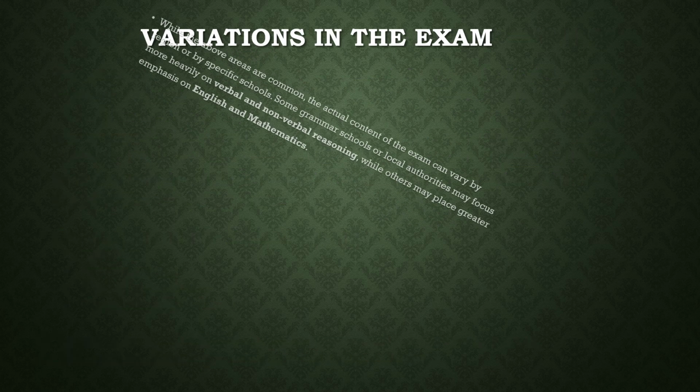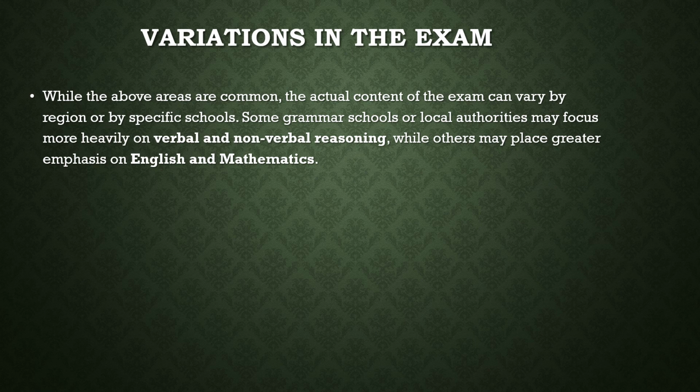Let's have a look at the two different types of exam variations in grammar schools. While these four components remain common, the actual content of the exam can definitely vary by region, as we spoke about.